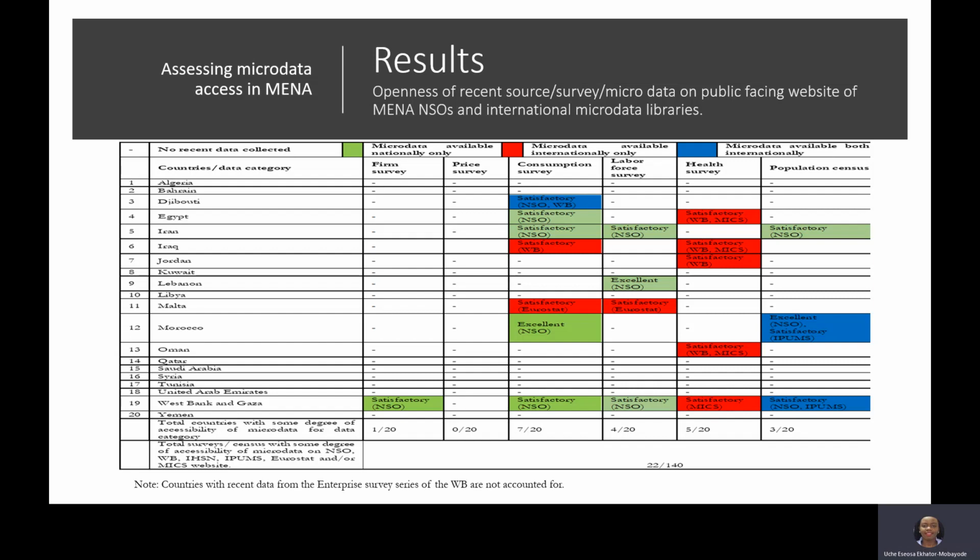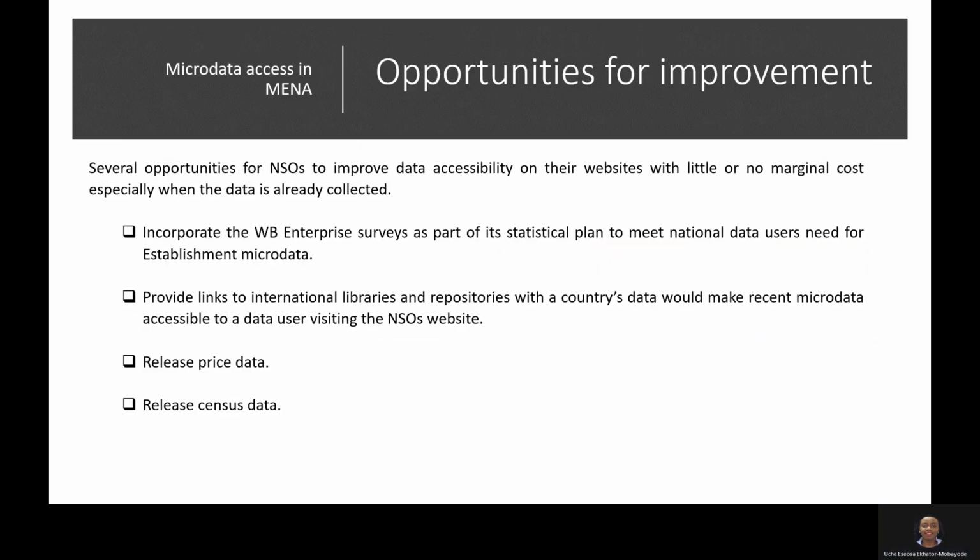Still, given this improvement, microdata access in the region is still poor. During this exercise, we found that there are some low-hanging fruits. NSOs could immediately improve microdata accessibility on their websites with little or no marginal cost.